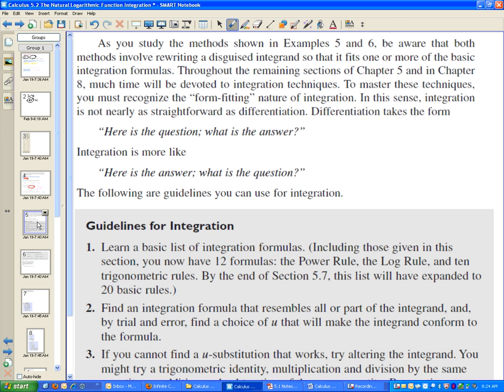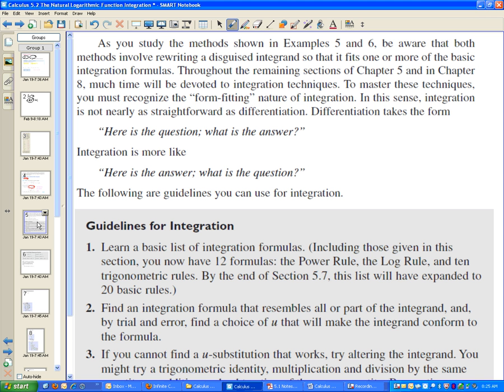That's still going to be the technique we use almost every time, but quite often we're going to have to rewrite it before we can figure out what u equals.